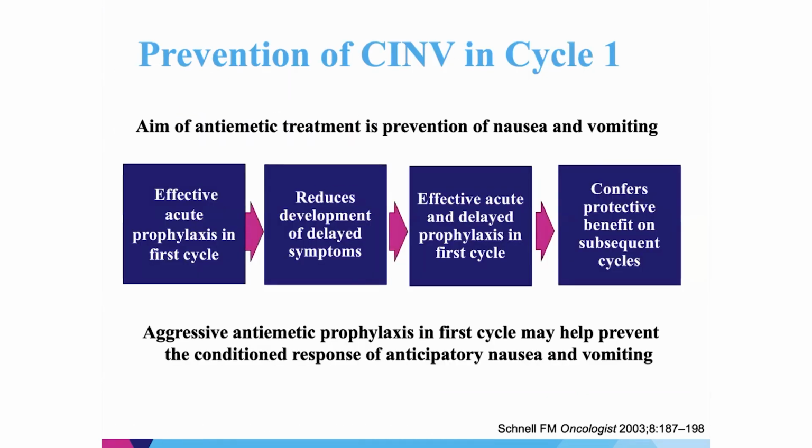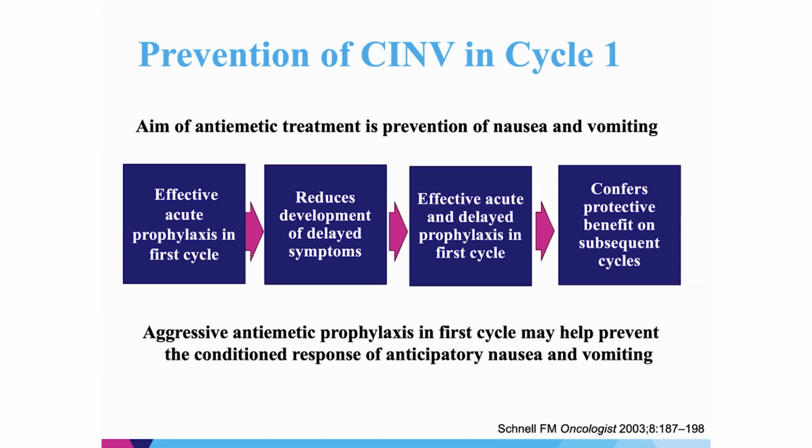Why is it important to be quite aggressive in treating patients for and preventing chemo-induced nausea and vomiting? It's because we know that if you get the regimen right on day one, cycle one, the first day of chemo, and you prevent the acute chemo-induced nausea and vomiting, the patient is less likely then to get the delayed chemo-induced nausea and vomiting.